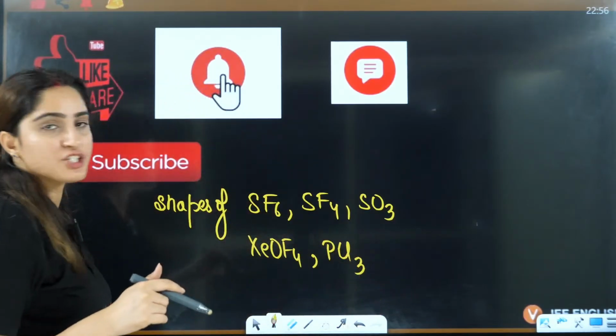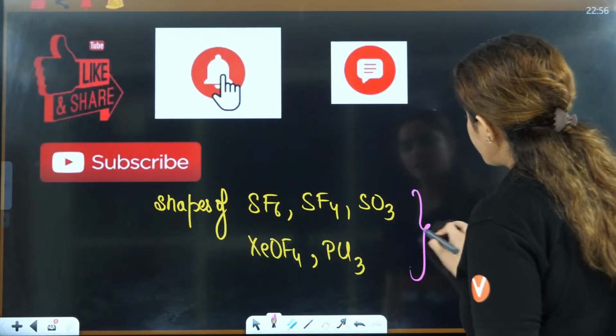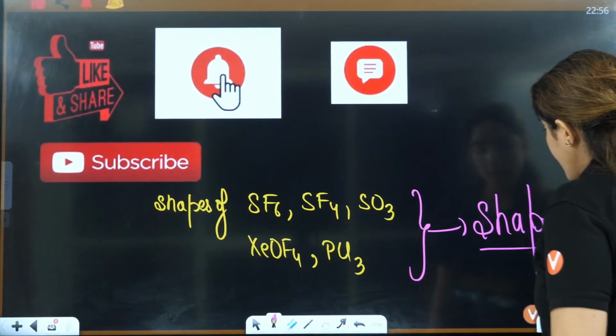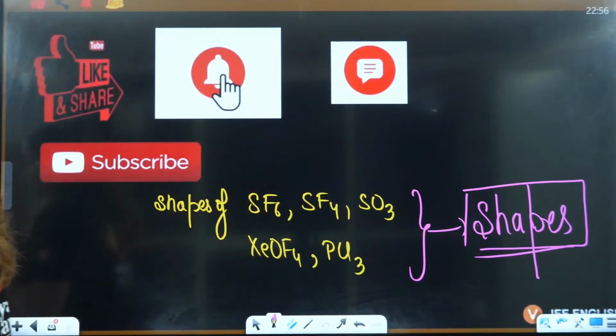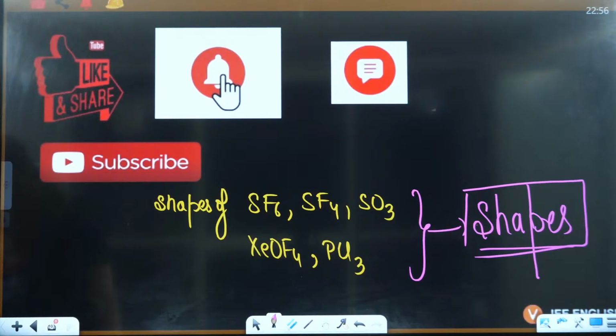You need to tell me the shapes of all of them in the chat box, in the comment section. I'm asking about shapes, not geometry. Right? In the comment section, you need to write it down. Okay? Yes, I'll definitely take that. Okay, Atharva, yes. Okay, then that's it for today.